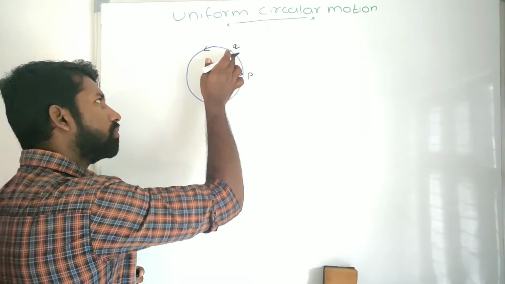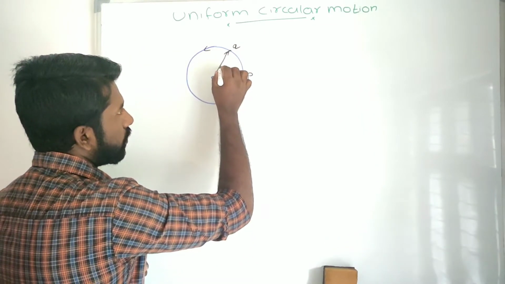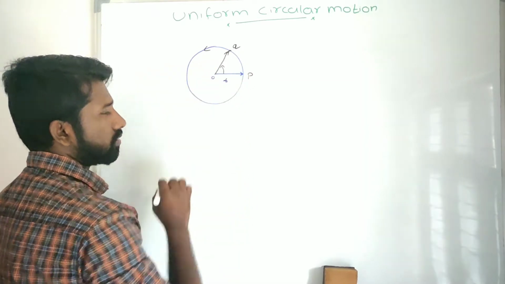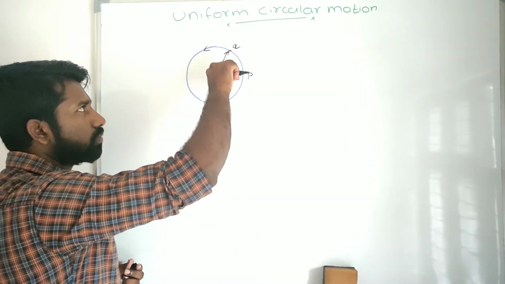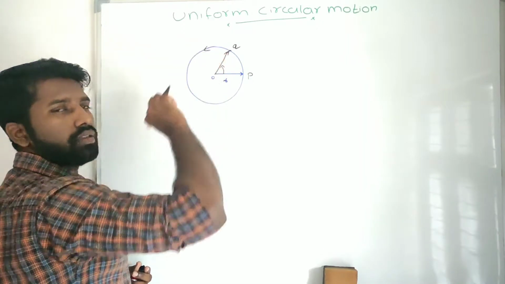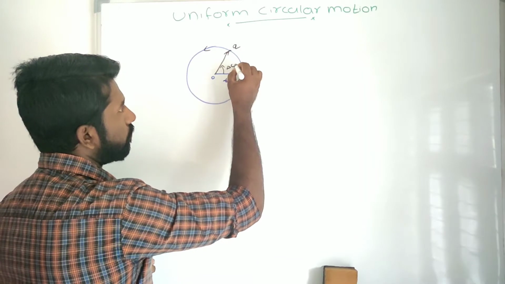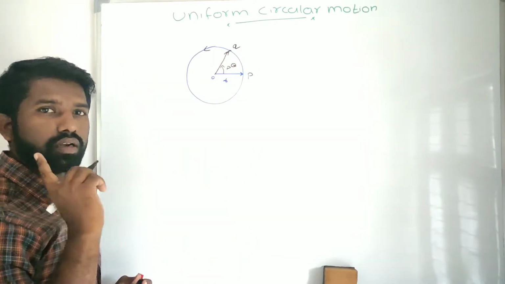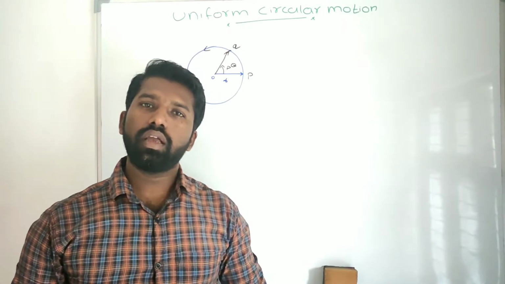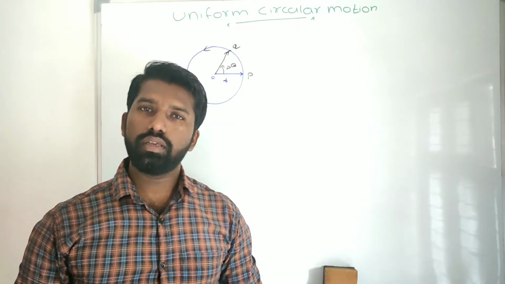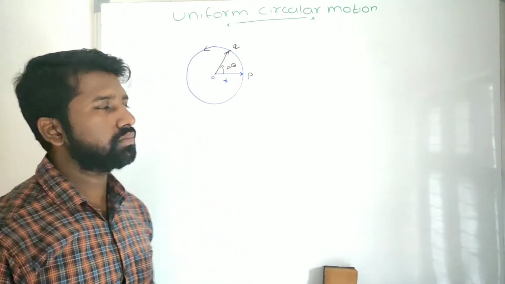Here I can say that this radius vector seeks an angle in that particular delta t time. That angle we will call angular displacement. So angular displacement is the angle seeked by the radius vector in a particular interval of time.